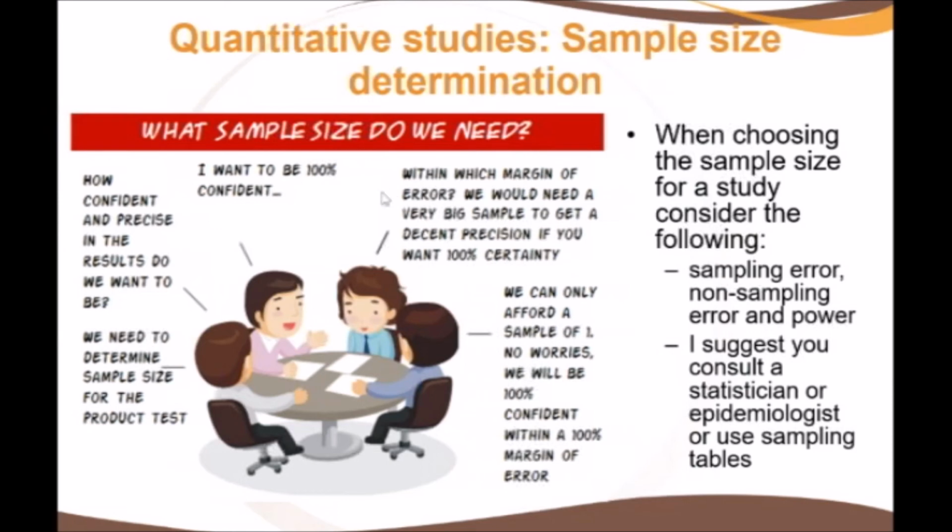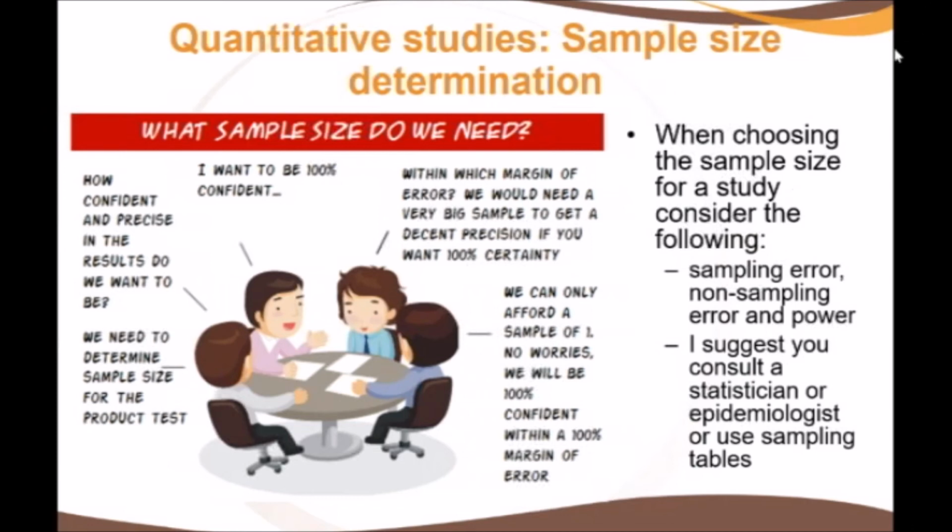Okay. And then the next question is, which margin of error? We would need a very big sample size to be 100% certain. So the more confidence you want, like if you want to be 100% confident, 99% confident, then you need a very large sample size. But if your confidence level is very low, you need a smaller sample size.